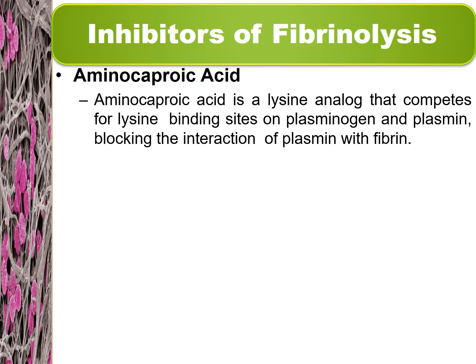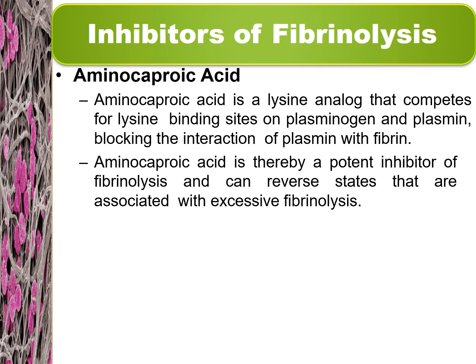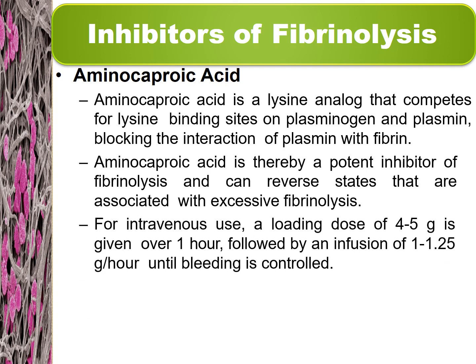Aminocaproic acid is a lysine analog that competes for the lysine binding site on plasminogen and plasmin, blocking the interaction of plasmin with fibrin. Aminocaproic acid is thereby a potent inhibitor of fibrinolysis and can reverse states that are associated with excessive fibrinolysis.